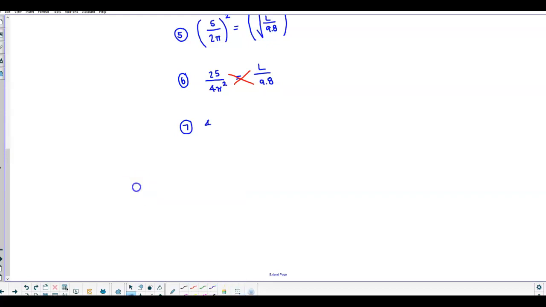So we're going to get 4 pi squared L, and that's equal to 25 times 9.8. And then in order to solve for L, we're going to divide both sides by 4 pi squared. And so L is going to equal 25 times 9.8 divided by 4 pi squared.